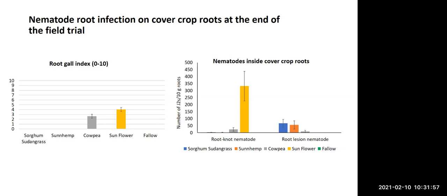We found a lot of root-knot nematodes in the sunflower roots. We found very little in the cowpea roots, despite the fact that we saw galls. On the other hand, the sorghum and the sun hemp did have some reasonable numbers of root lesion nematodes, which we did not find or hardly found in the cowpeas and sunflower.